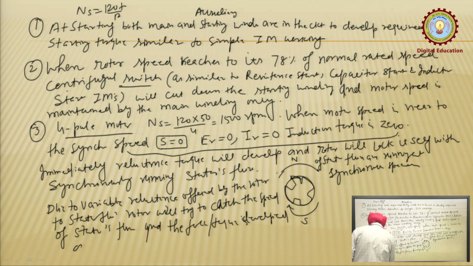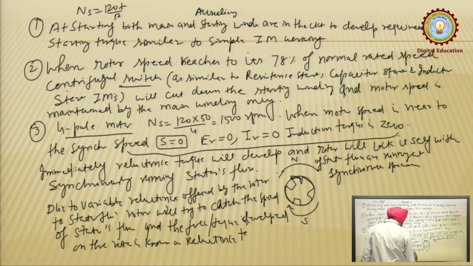Torque developed on the rotor is known as reluctance torque, okay, reluctance torque. This is all about how this motor catches up the speed at synchronous.